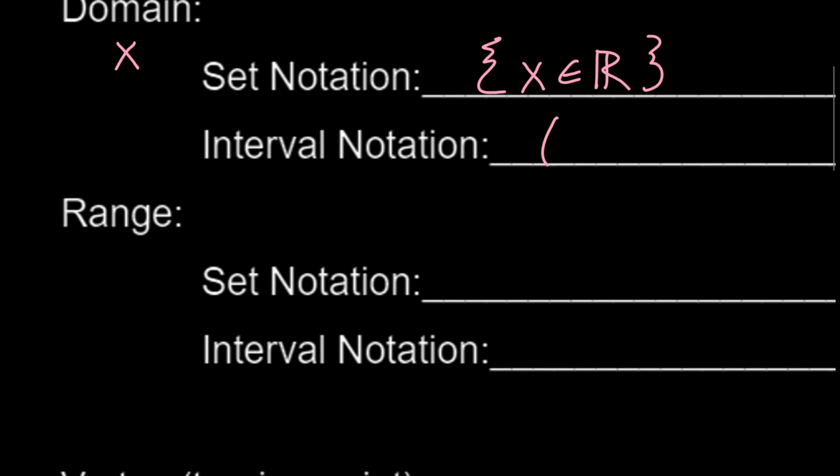Because it's not defined. You can never be negative infinity. Yes, you can never touch negative infinity. So we put a parenthesis, meaning it's not equal to negative infinity. And it goes from negative infinity to positive infinity, and then what do I put? Parenthesis. Beautiful.